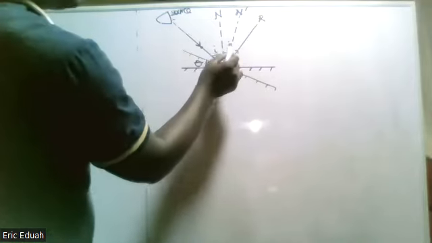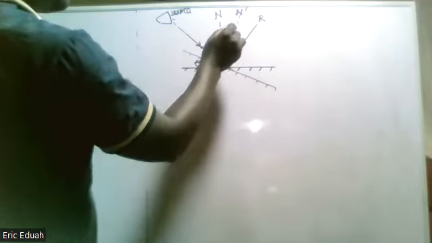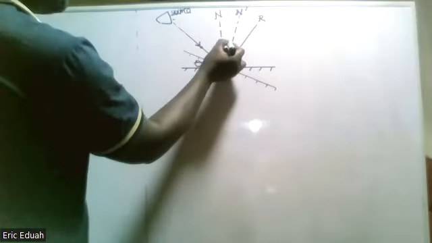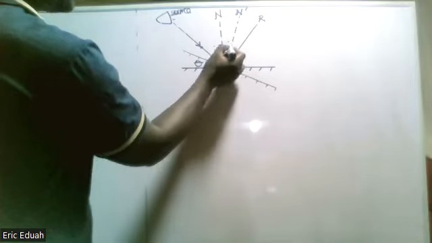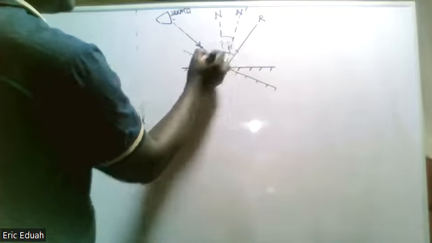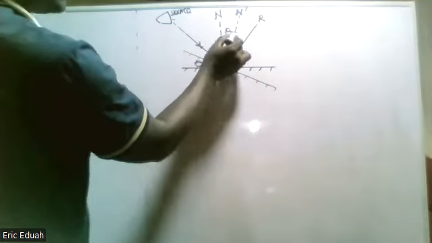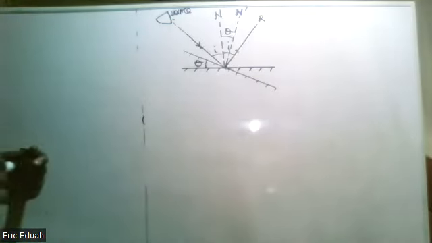So we have the new normal N1 and then the old normal N1. The angle between them is also equal to the angle of rotation, theta. So if this is theta, this will also be theta. And this is the reason.